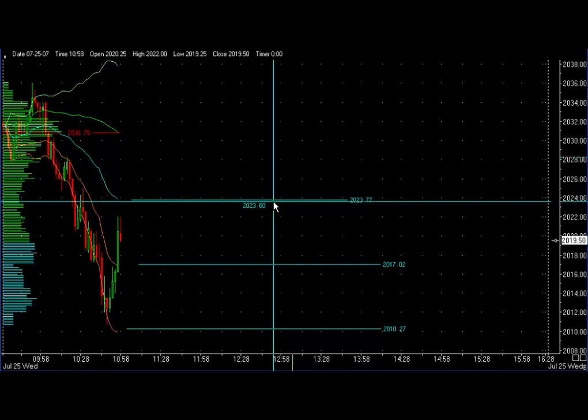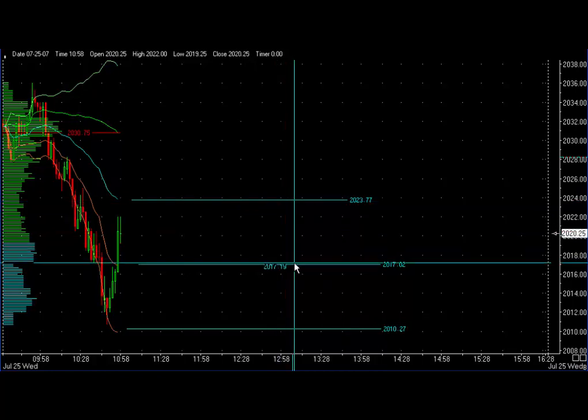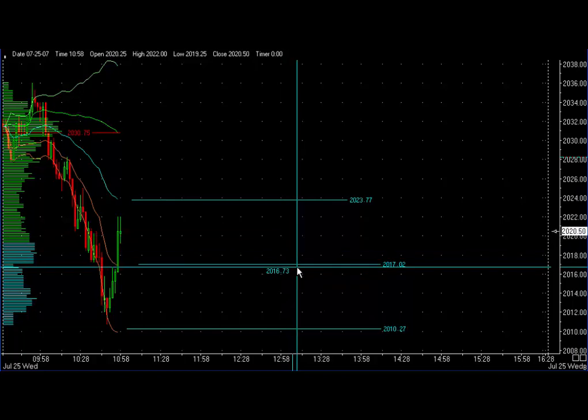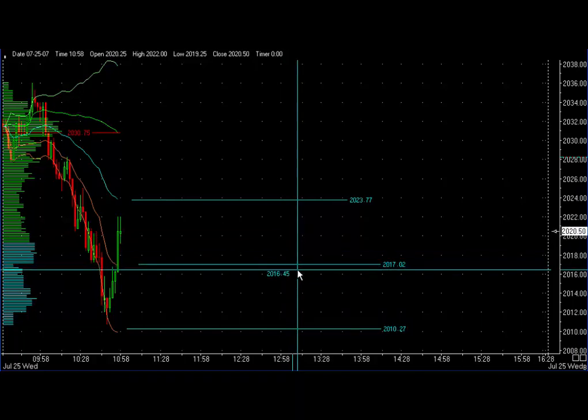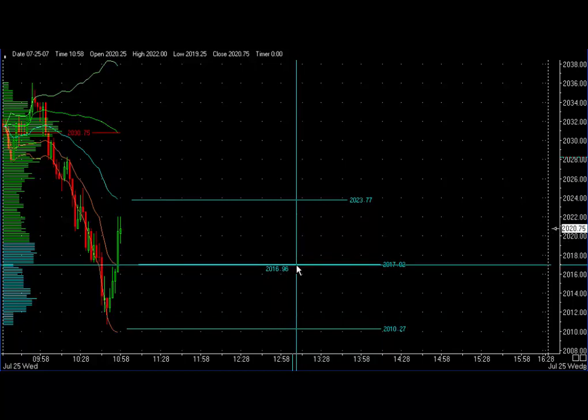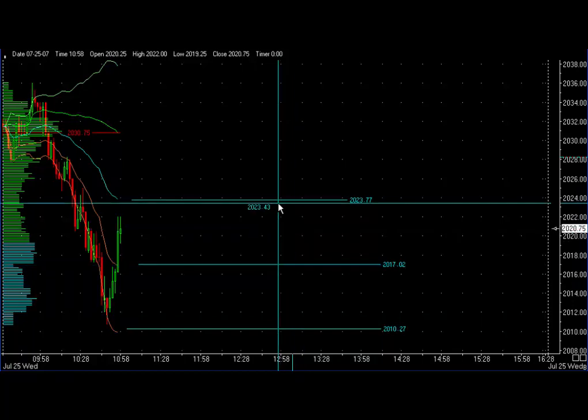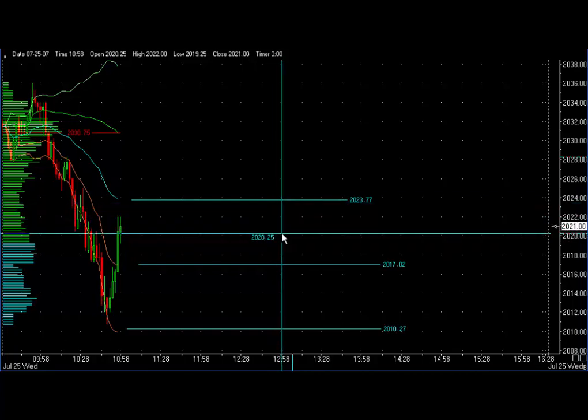He's trading volatility, and the volatility indicates that the first standard deviation at the moment is at 2017, and so that's where he would expect the market to move if in fact price moves back to the VWAP, which it looks like it may be doing.